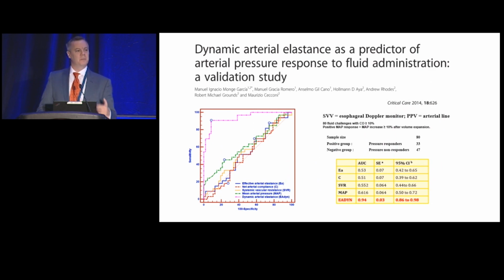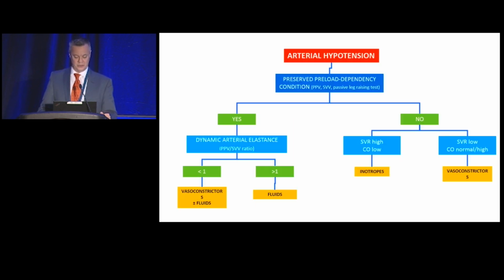And the prediction performance of this parameter is much better than any other arterial system parameter, even than the baseline mean arterial pressure. So I would like to show you, this is only an example. It's not an actual protocol. It's only a physiological approach to a hypotensive patient, according to the physiological basis I exposed before.